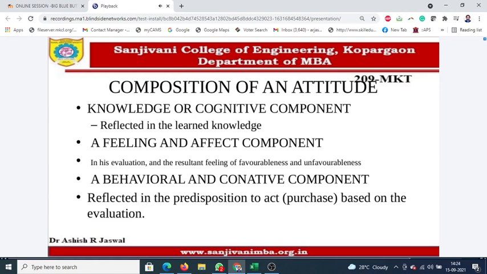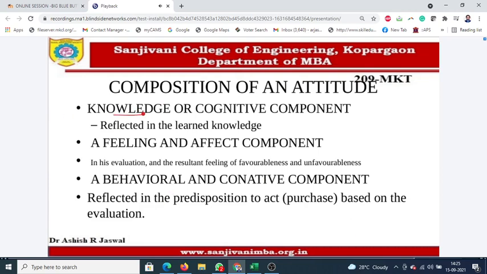If you look at it in terms of consumer learning, the attitude would express a consumer's feeling of like or dislike about a product or service offering or a marketing mix. So the first component is the knowledge component.